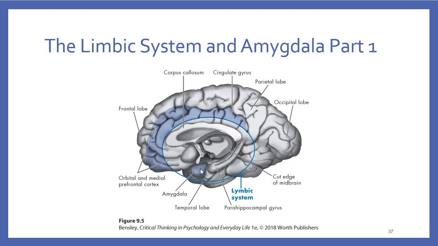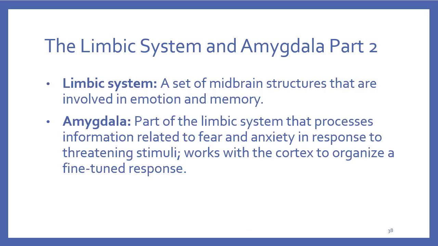The amygdala especially has roots in the limbic system that deal with fear and responses. Very interesting how this all sprawls out. If you'd like a definition, the limbic system is a set of midbrain structures that are involved in emotion and memory.